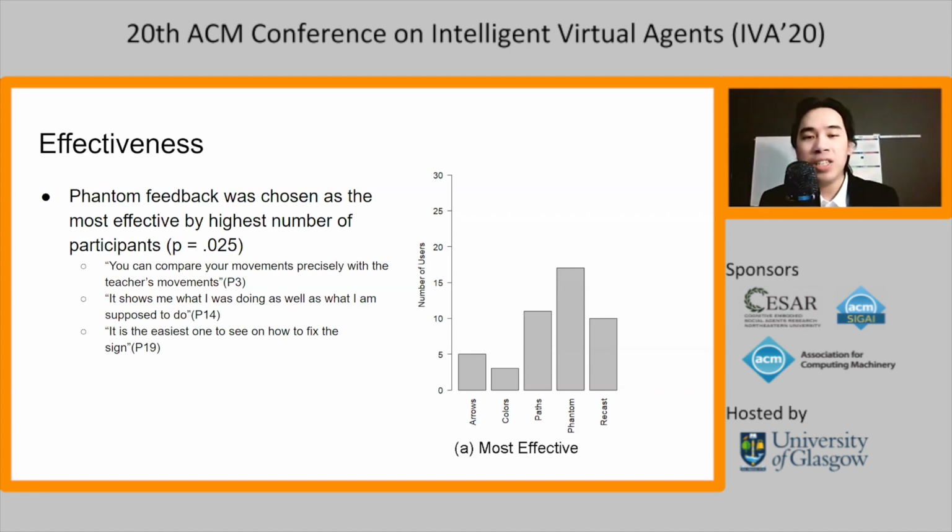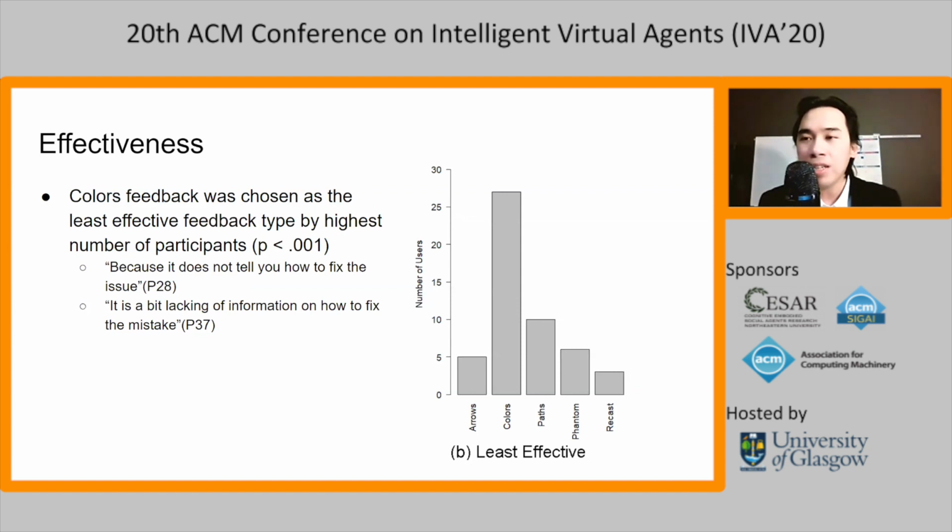Color feedback was chosen as the least effective feedback type by the highest number of participants. Some of the comments are: because it does not tell you how to fix the issue; it is a bit lacking in information on how to fix the mistake.